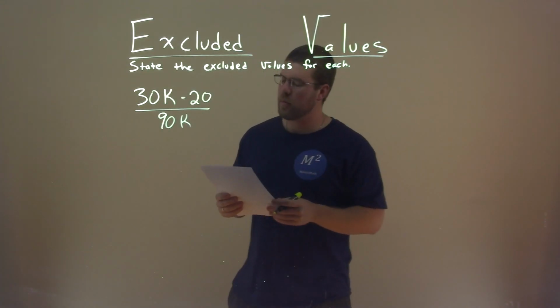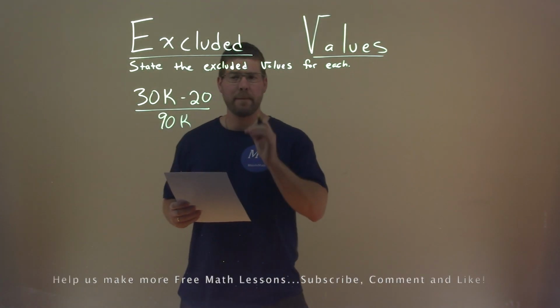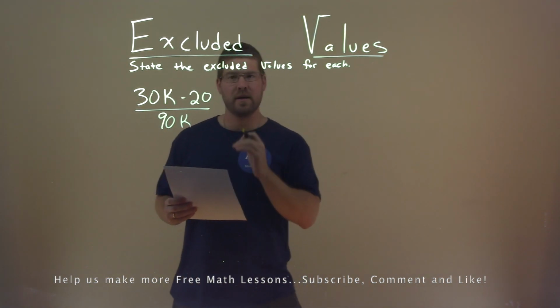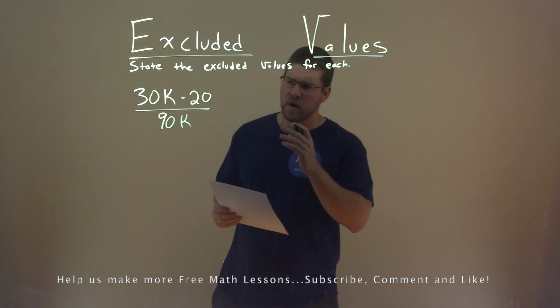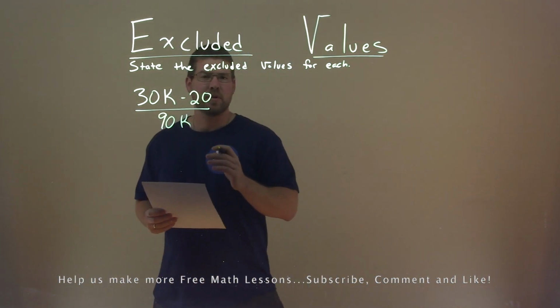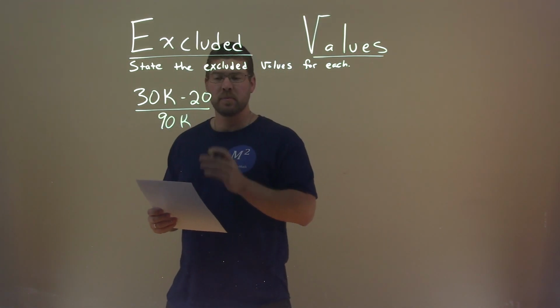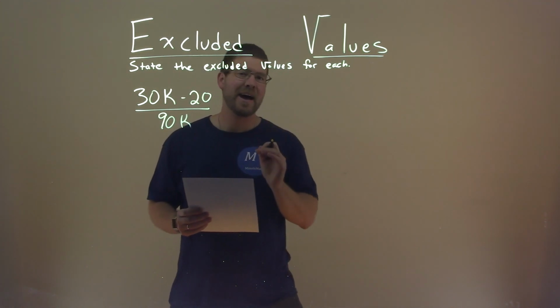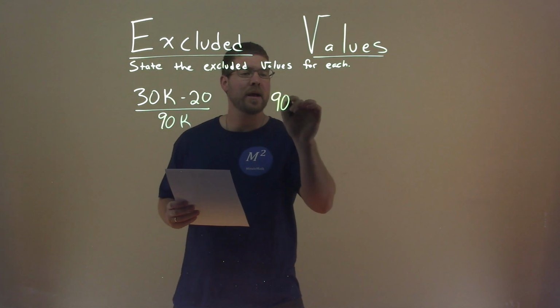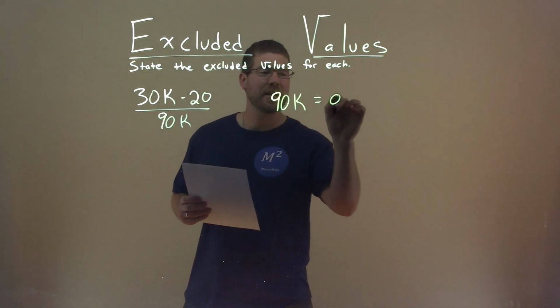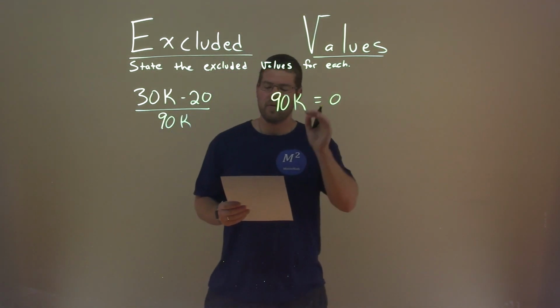We're given this problem right here, 30k minus 20 over 90k, and we want to state the excluded value. Well, the main thing I'm looking at here is this is a rational function, meaning the denominator cannot equal 0. So I'm going to take that denominator, 90k, and set it equal to 0 and solve for k.